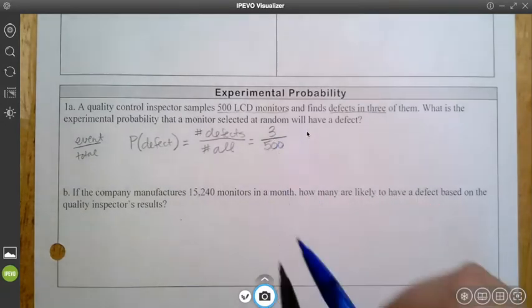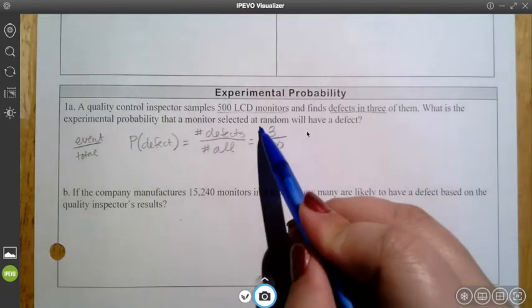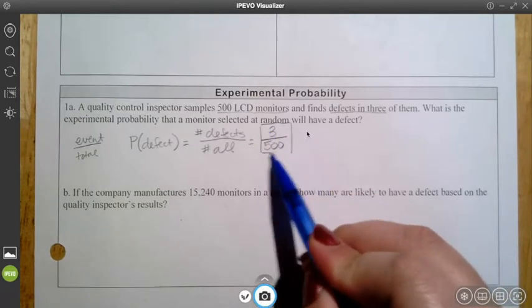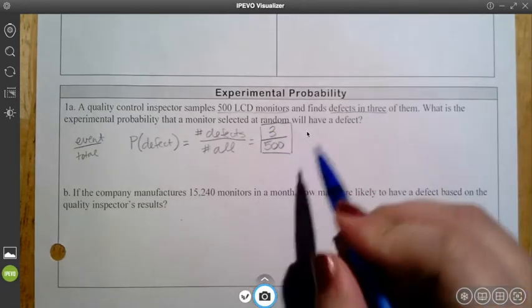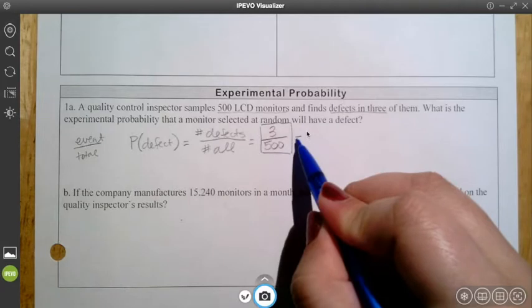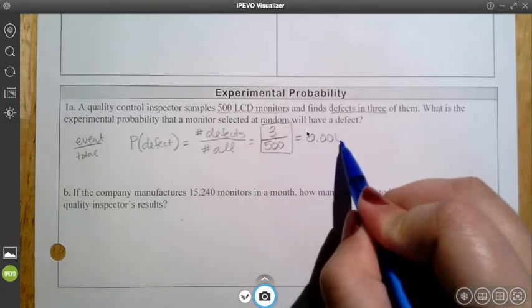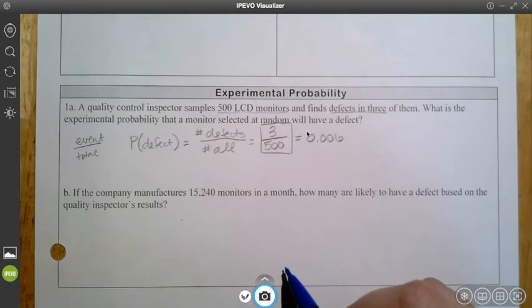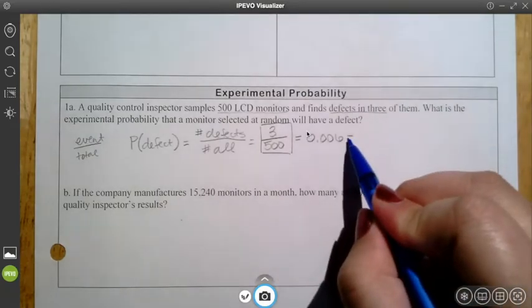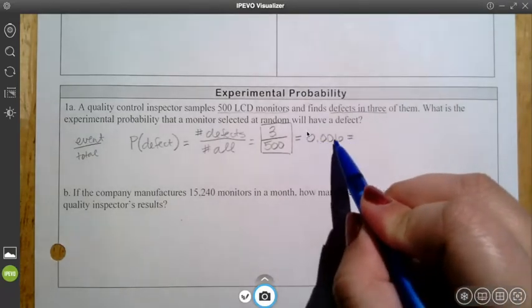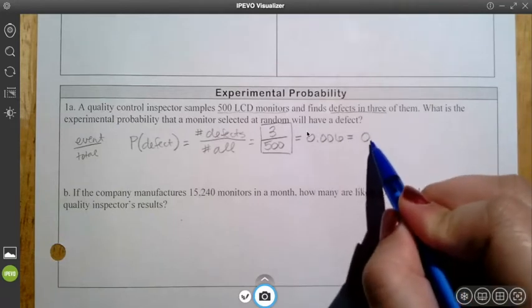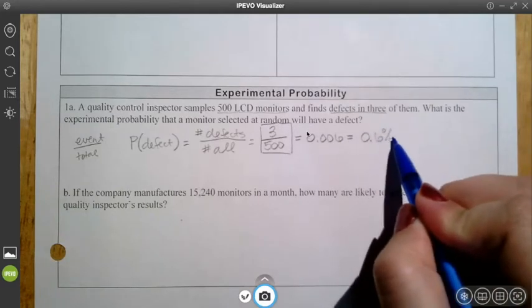Well, 3 does not go into 500 evenly, and so this is the simplified fraction. If I wanted to write this as a decimal, we can write it as 0.006. And if we want to write this as a percent, move the decimal over twice, it is 0.6%.